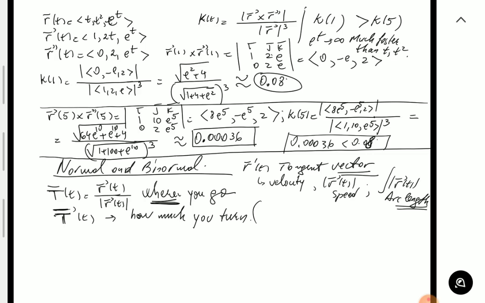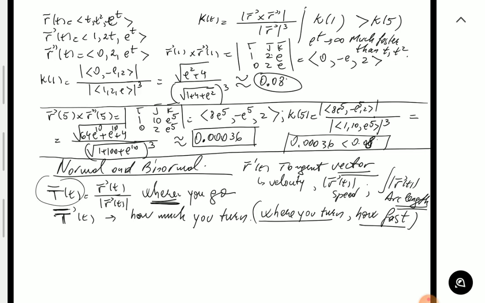T prime of t tells you essentially where you turn and how fast. Remember, it has both a magnitude and a direction. Where you turn, how fast, because you just differentiated the unit tangent vector.